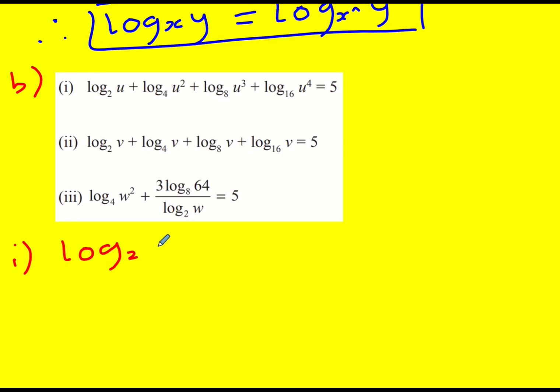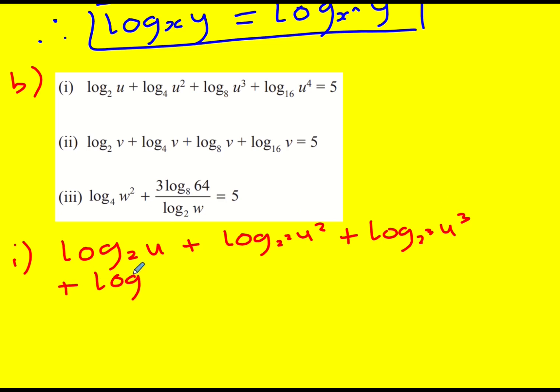Now I'm gonna stick with using 2 as my main base. So I can write log to base 2 squared of u squared, plus log to base 2 cubed of u cubed, and then log to base 2 to the 4 of u to the 4. But we've just shown that each of these is just going to be log to base 2 of u, because literally that's what we've just shown.